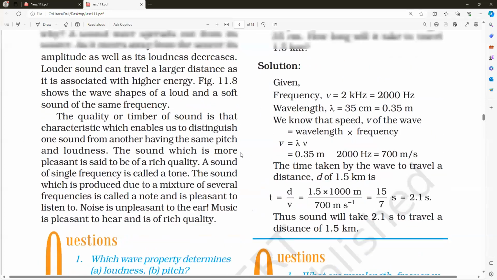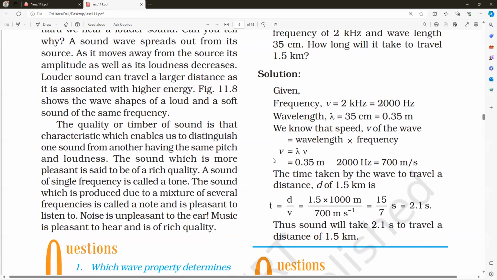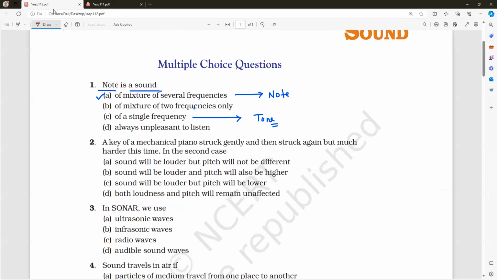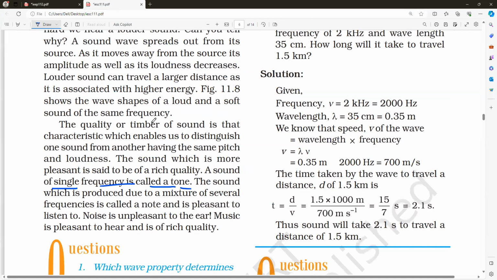Now, where is the note? A single frequency is called a tone. Where is the note?